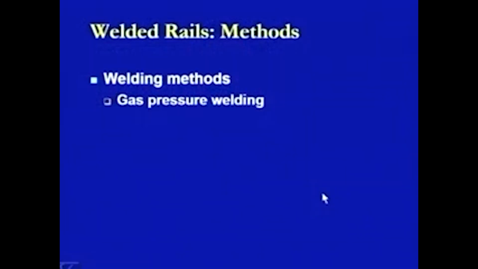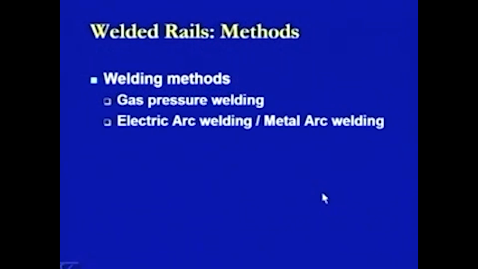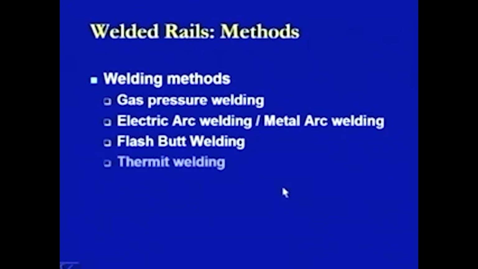So, once we have got an idea about the advantages of welded rail sections, we will look at the different methods by which the welding can be done between the two rail sections. Now, there are in general four methods: gas pressure welding, then electric arc welding, also termed metal arc welding, then flash butt welding, and finally thermite welding.